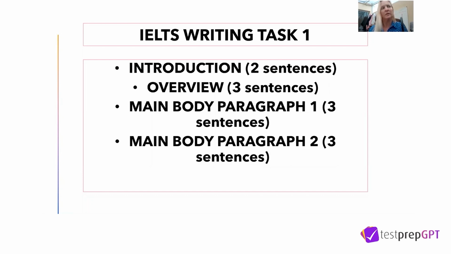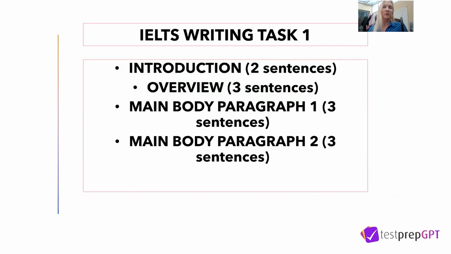There's no conclusion, no opinion. That's really not necessary for this type of task, because after all, this is not an essay. This is a descriptive, factual text. So you don't need to give any conclusions.